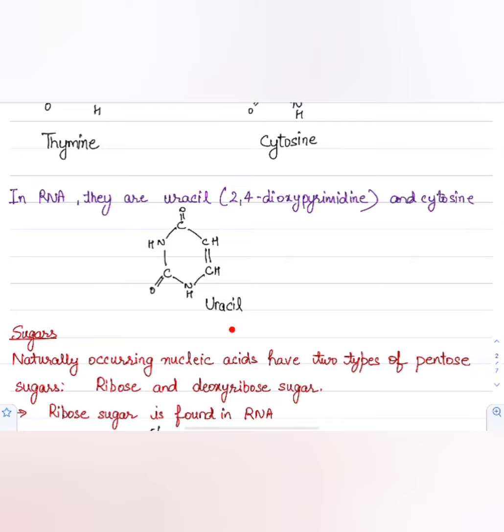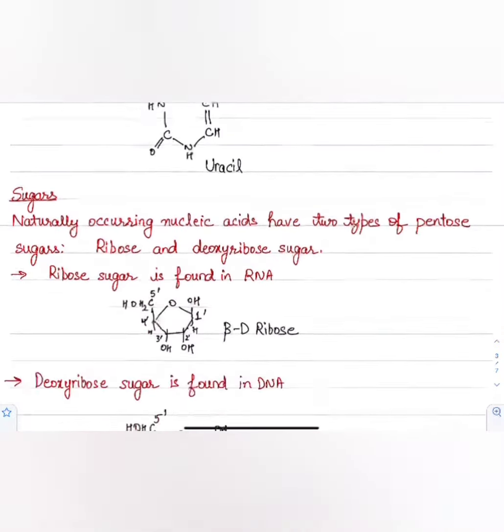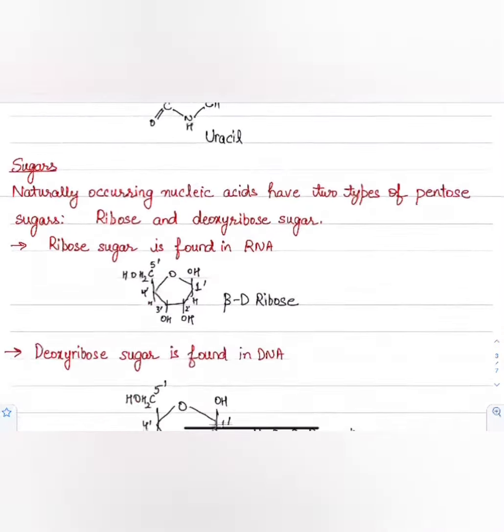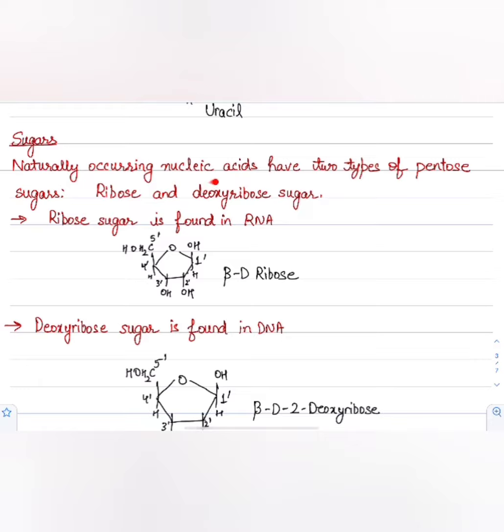Next, we have sugars. Naturally occurring nucleic acids have two types of pentose sugars, ribose and deoxyribose. Ribose and deoxyribose are both 5-carbon compounds. Ribose sugar is found in RNA. Beta-D-ribose is a 5-carbon sugar with a hydroxyl group on each carbon.